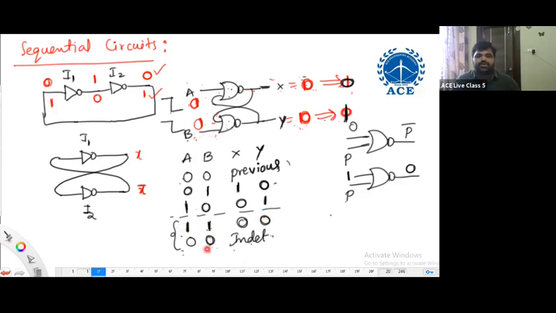Immediately, if you are applying 0 0, will it be 0 1 or 1 0 on XY? Cannot be determined. That is named indeterminate. Important thing, the reason for indeterminate is 1 1 followed by 0 0. It is not 1 1 alone, it is not 0 0 alone. It is 1 1 followed by 0 0 in a NOR based memory element. If you are understanding this, yes.